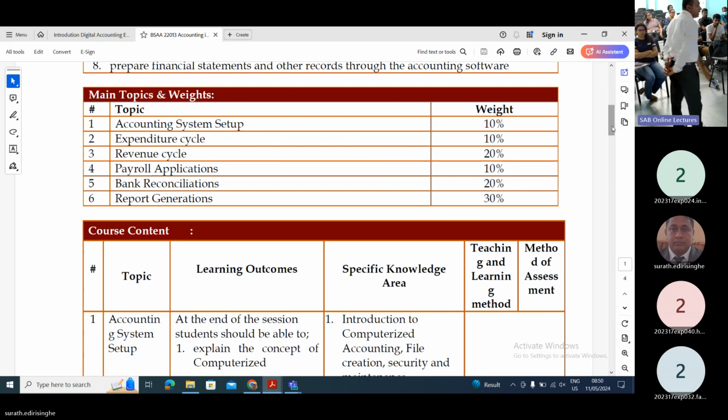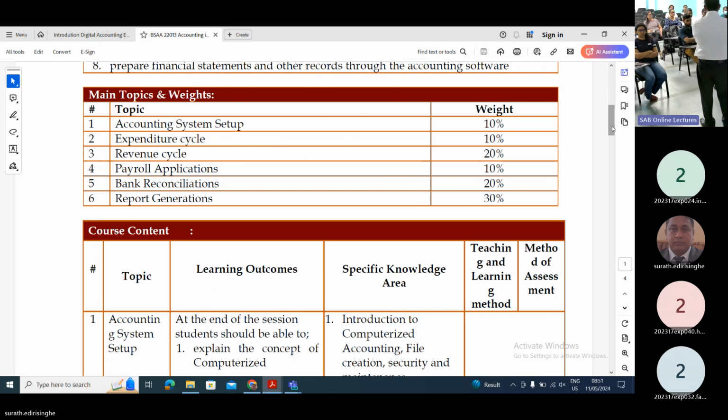Right. Now, studying under the accounting setup, further including developing the general ledger, chart of account, account styles, everything is included in the accounting system setup. And the second topic, we will study the expenditure cycle.